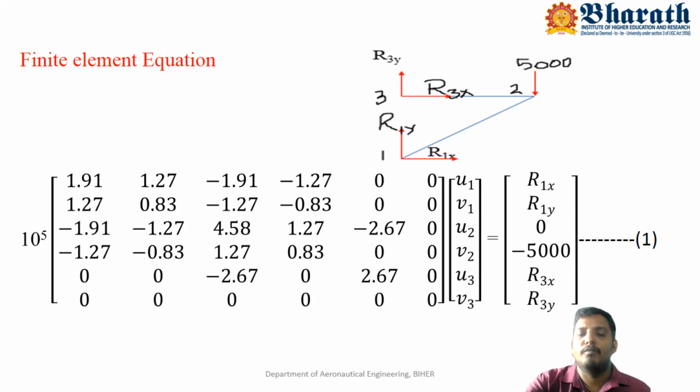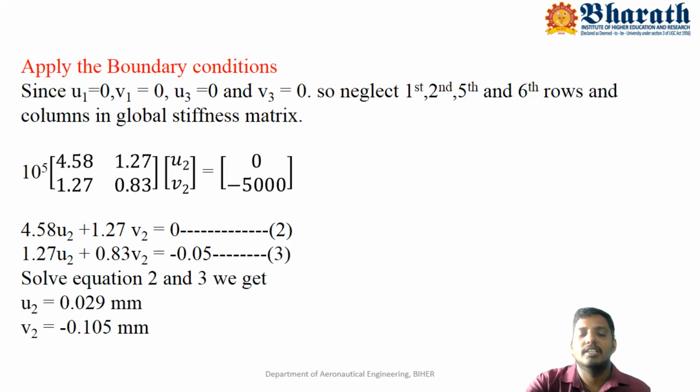Once we get the global finite element equation, we have to apply the boundary conditions. What are the boundary conditions? In this problem, nodal locations 1 and 3 have hinged supports, which offer 2 reactive forces and arrest the horizontal and vertical movement at nodal location 1. Therefore, U1, V1 must be equal to 0.